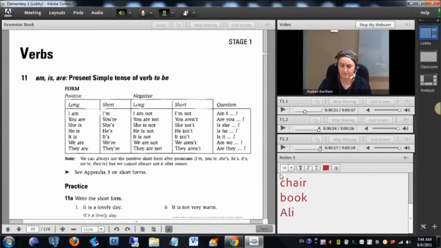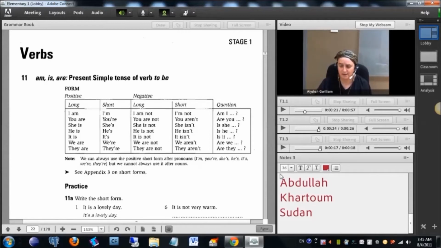Also, we can have Ali or Abdullah. These are also nouns because they are the names of people. We can also have Khartoum. Khartoum is a noun because it's the name of a city. And we can have Sudan. These are all nouns.